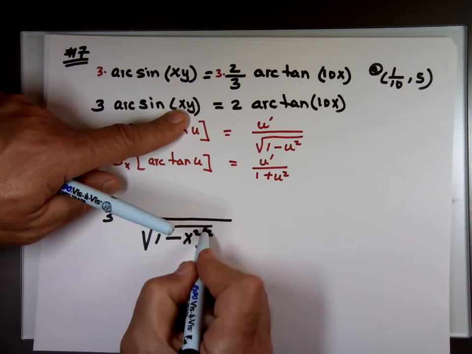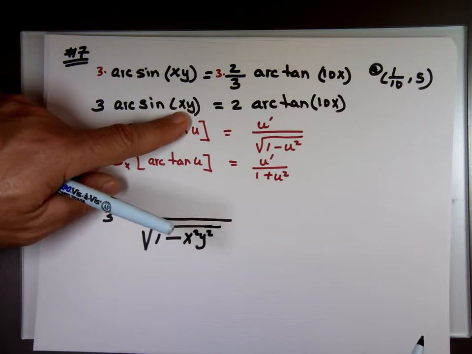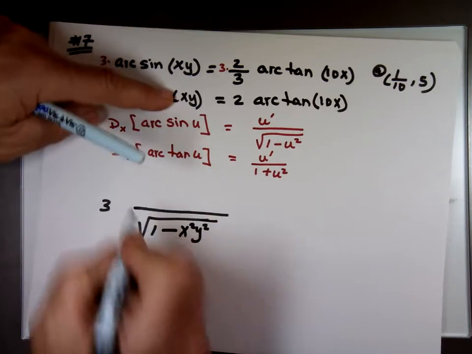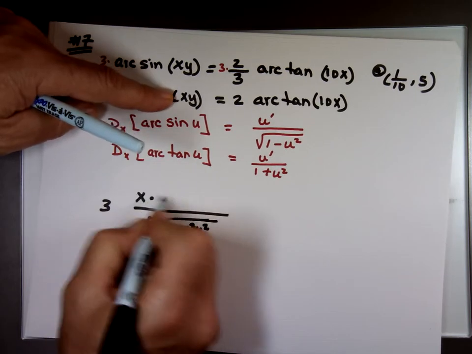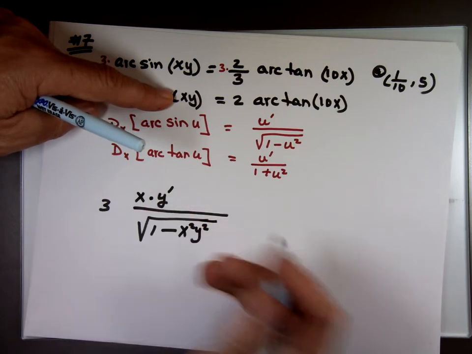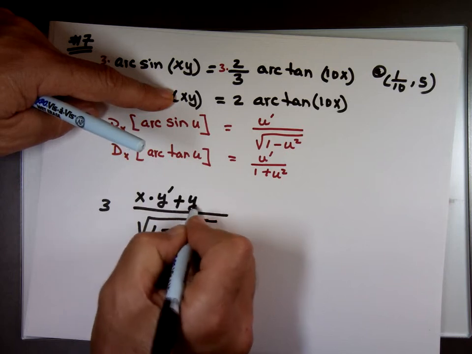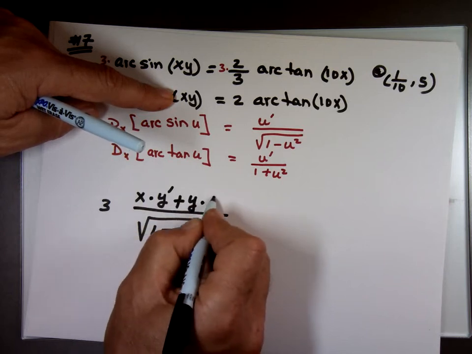On the top, I got to take the derivative of that. I got to use the product rule. The first, which is x, times the derivative of the second. Maybe I'll do y prime, be nicer than fraction dy dx here. Plus y times the derivative of x, which is 1.